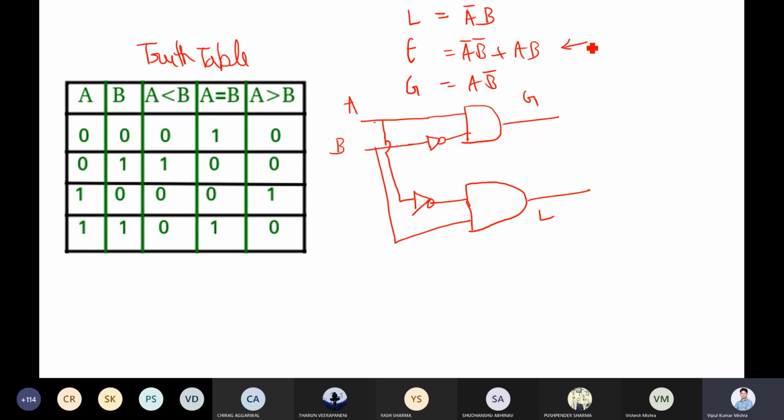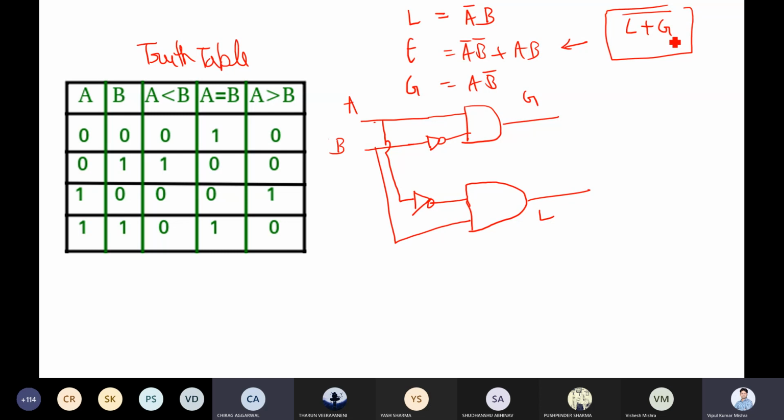Now let's come to the equal to. Can we utilize this greater than and less than and make equal to? Yes sir, L plus G, take the whole bar. So you can say L plus G whole bar. Which gate will be useful to make this?